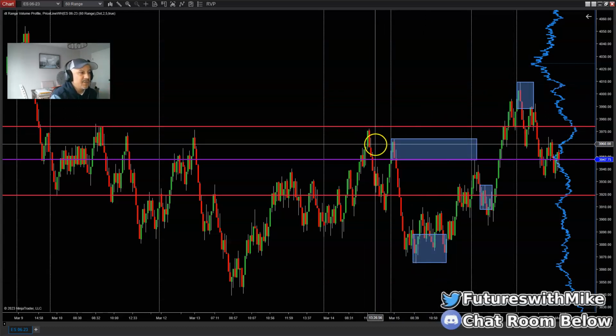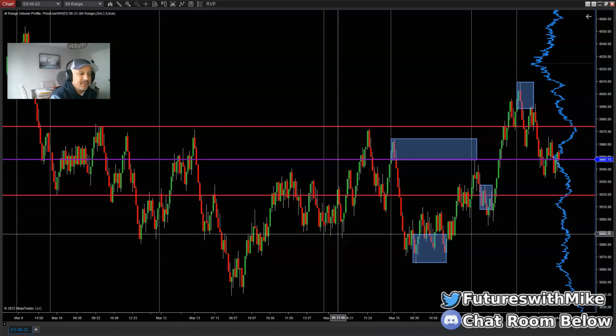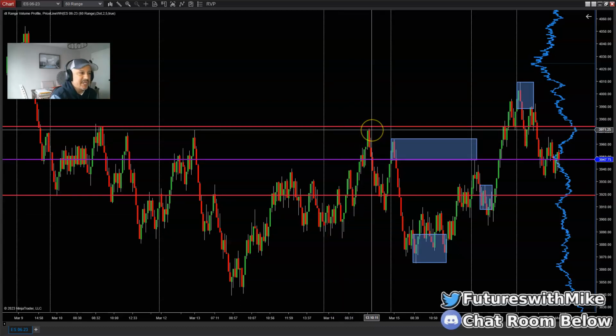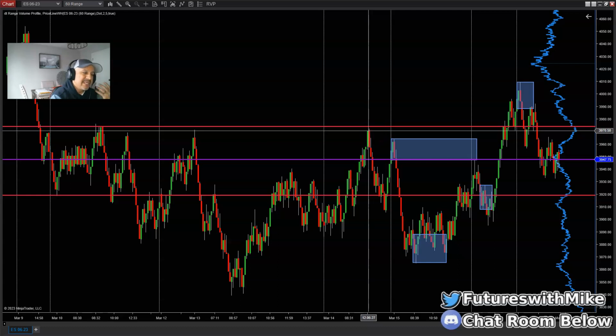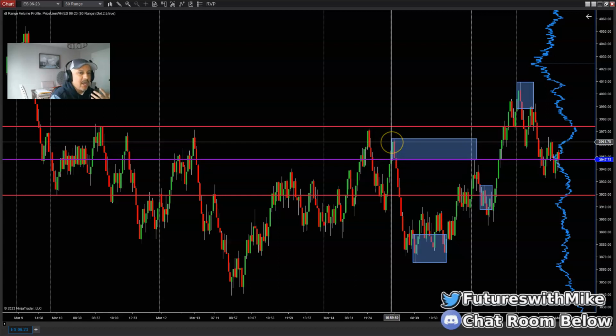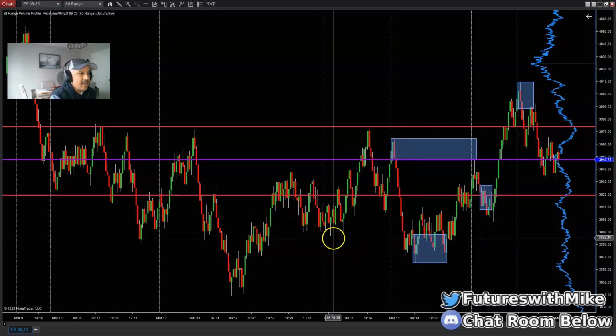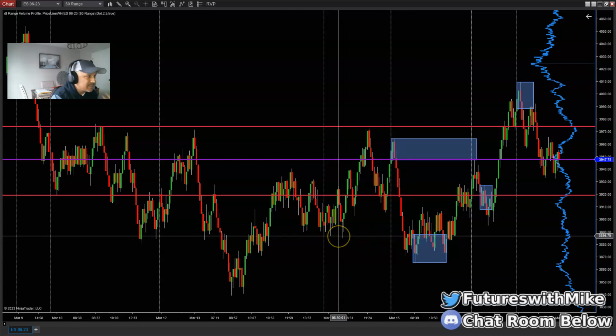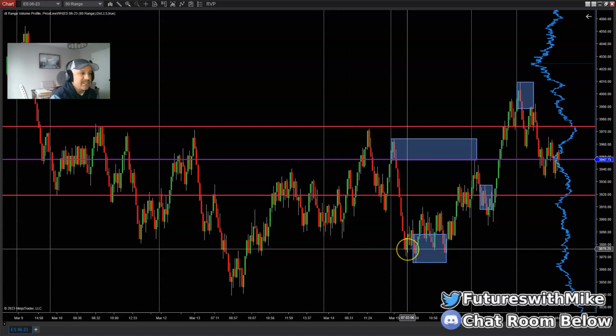But prior to it doing that, it took out some areas of liquidity. Still, there's opportunity to take a short here. Why? Because it made that high here, it made a low here, followed by a lower high here, taking out structure, this minor low right here, and running to the downside.